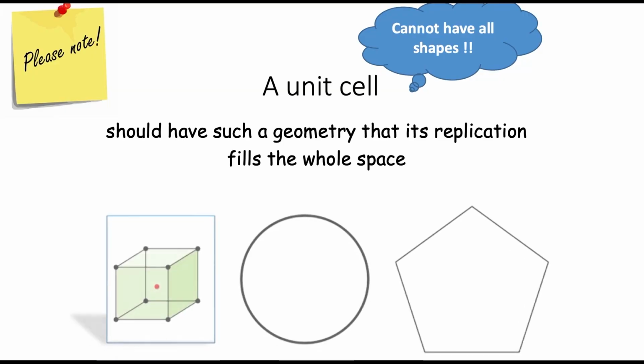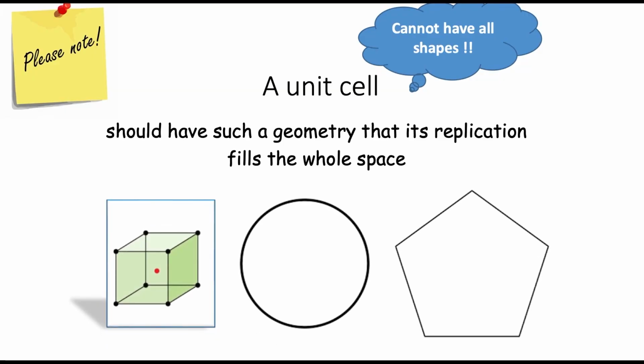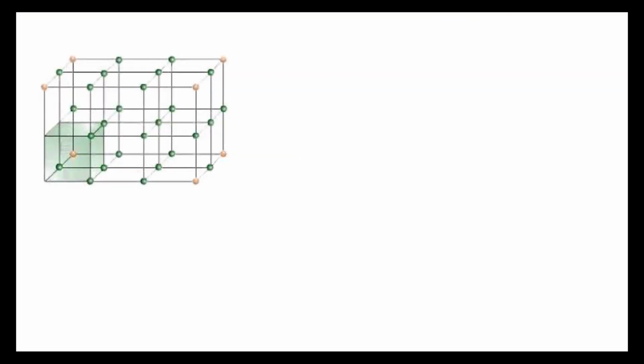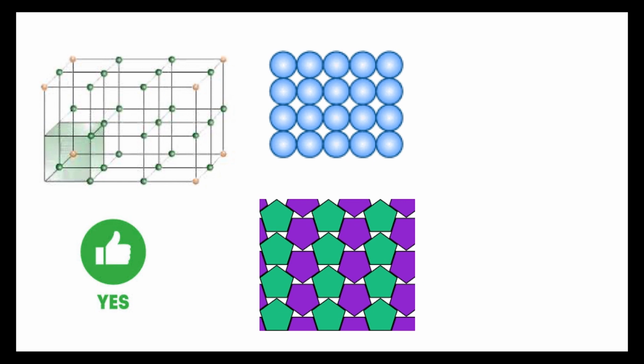So, which of these structures are possible for a unit cell? A cube, a sphere or a pentagon? Of course, a cube can be arranged in space without any voids. But what about a sphere and a pentagon? There will be voids. Hence, a unit cell can never assume a spherical shape or a pentagonal shape.